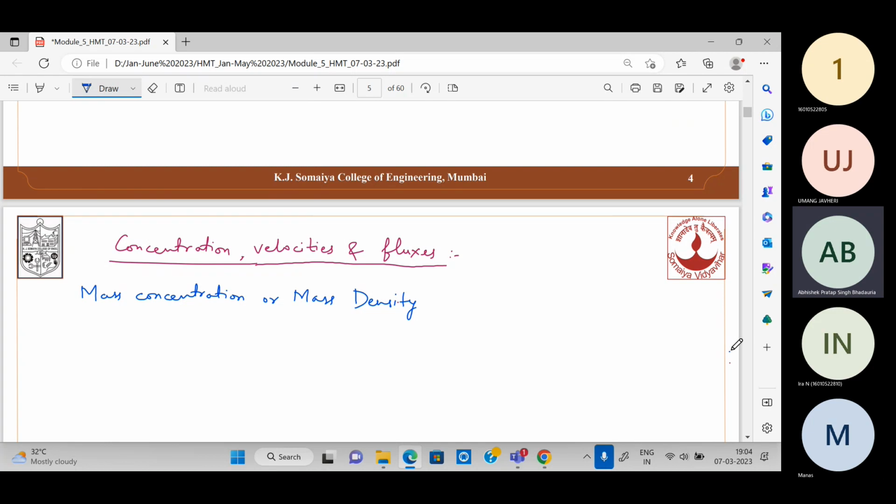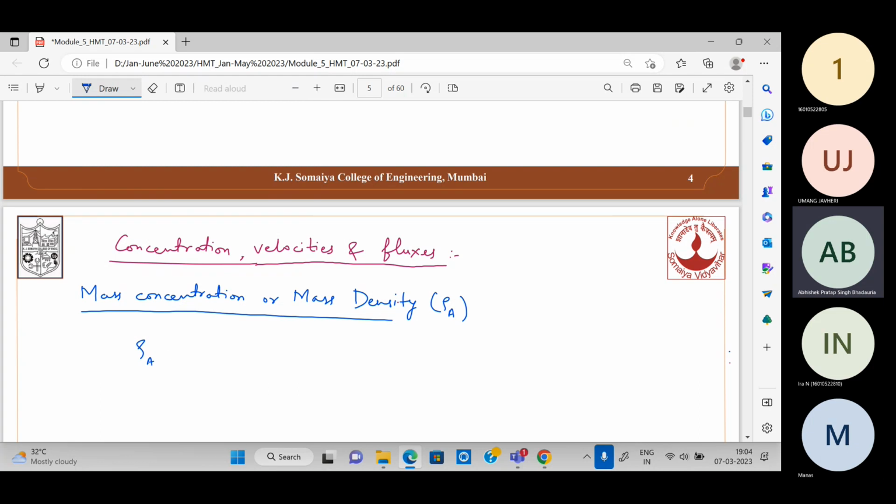The mass concentration of the component A within a multi-component mixture is defined as mass of species A per unit volume of the mixture. So this is generally denoted by rho A.